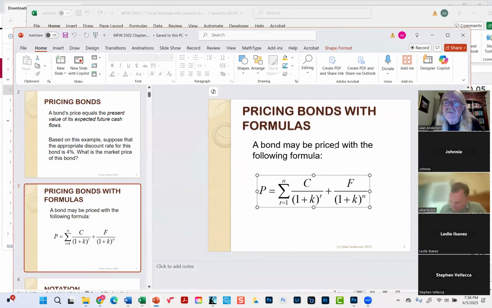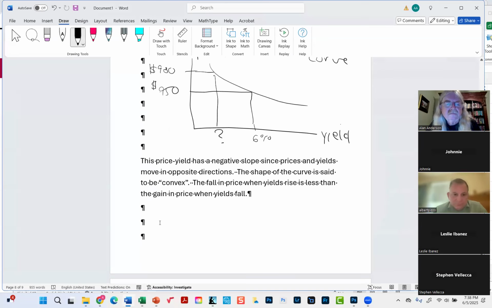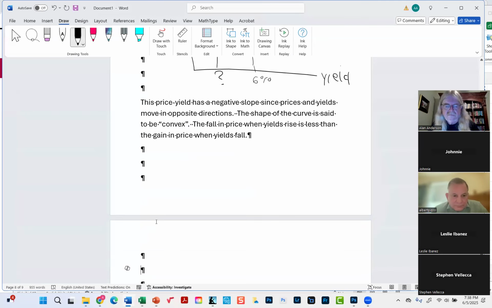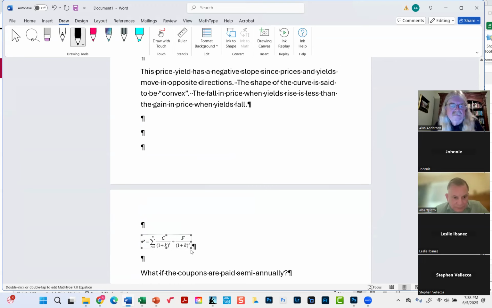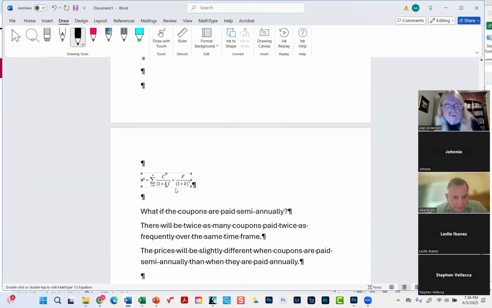Now, this formula is a compact way of saying it. C, by the way, is the coupon payment. I'm going to copy this into my notes here real fast.